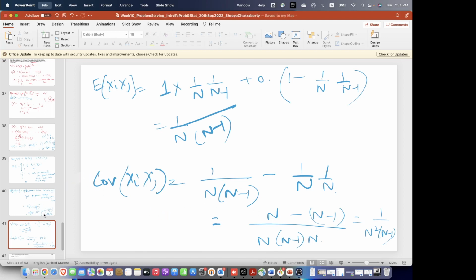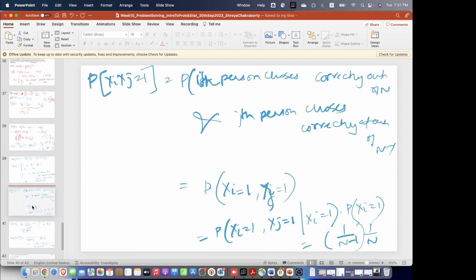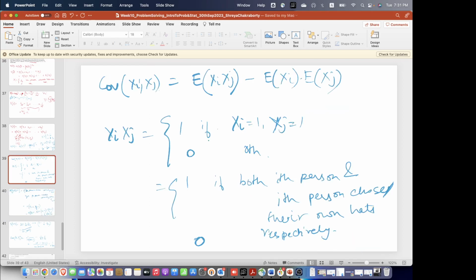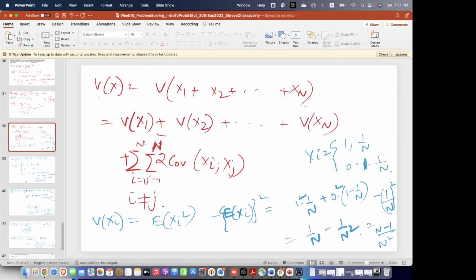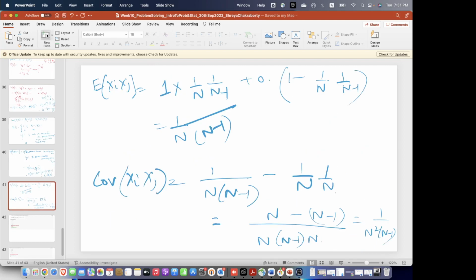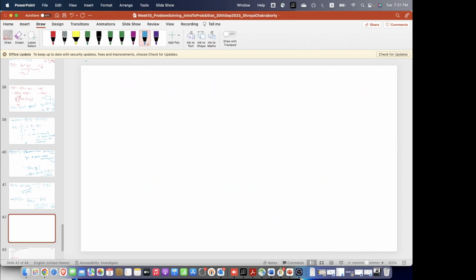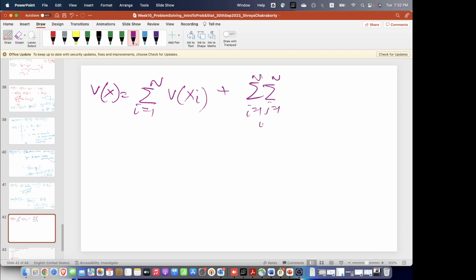Once I have my covariance terms, I am going to substitute this finally here. So now variance of x would be equal to summation of i equal to 1 to n. I can collapse this as variance of xi plus double summation i equal to 1 to n, j equal to 1 to n, i not equal to j, covariance of xi xj.